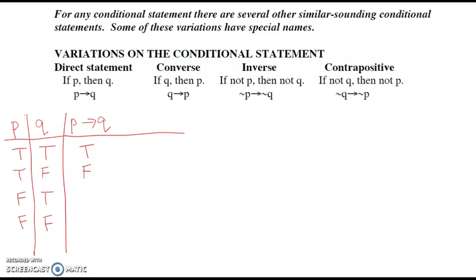All right, now let's look at the third case. Our hypothesis is false, but somehow our conclusion ended up being true. Okay, so when we're doing science fair experiments, what's more important? Our hypothesis or our conclusion?